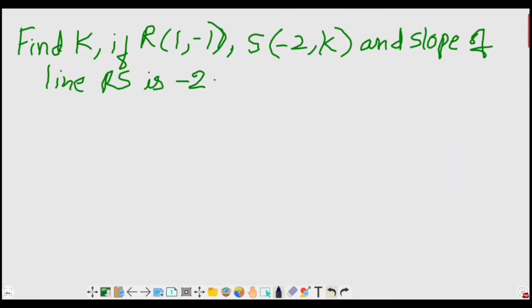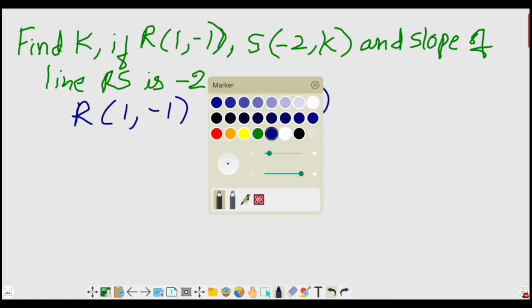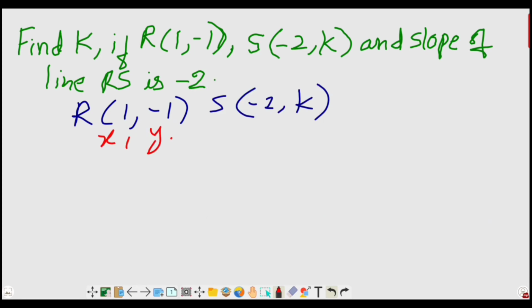Now let's solve this sum. Find k if R is 1 comma minus 1, S is minus 2 comma k, and the slope of the line RS is minus 2. So what we will do, first we will consider both the points. This is my x1, y1, this is my x2, y2.